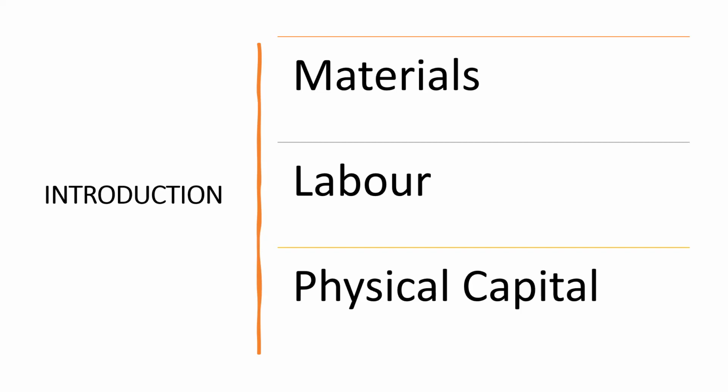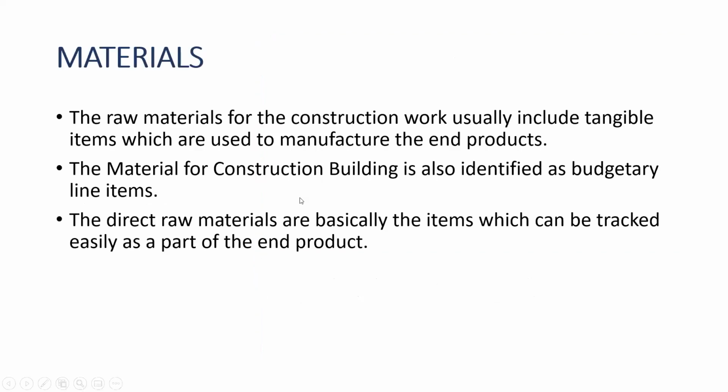So basically in building construction, in terms of building economics, what we define as materials are raw materials for the construction work, which usually include tangible items. Tangible items in the sense that we can touch them and feel them.